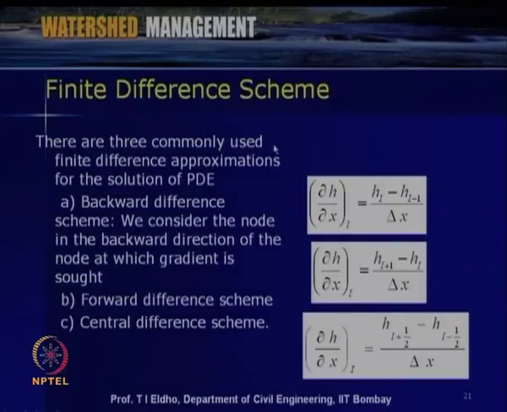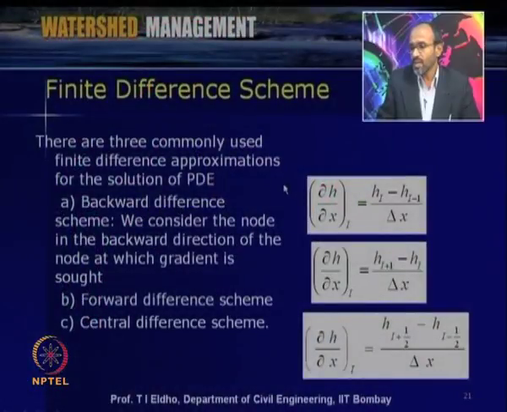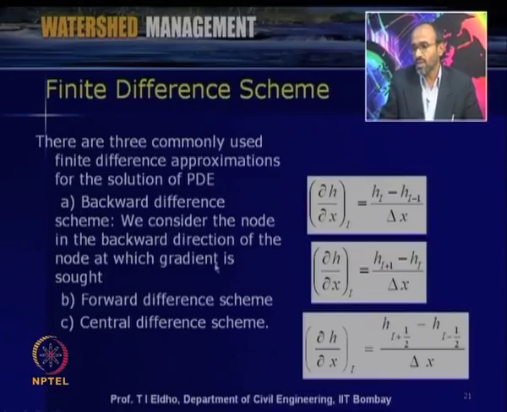As far as the finite difference scheme is concerned, generally three schemes are commonly used. The first one is called backward difference. Backward difference means, for example, if we consider del h by del x, here we consider the node in the backward direction of the node at which the gradient is sought. So, here it is h i minus 1 divided by delta x.